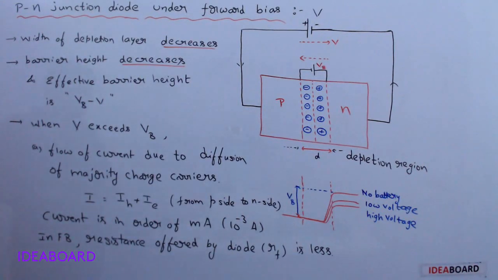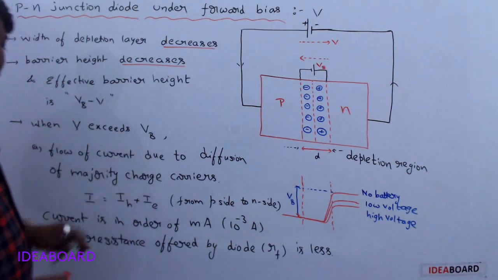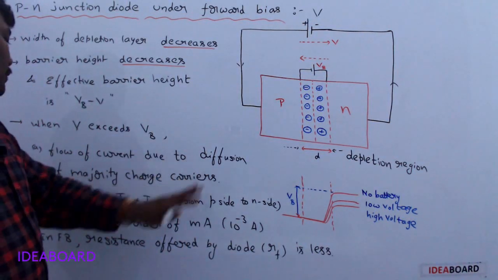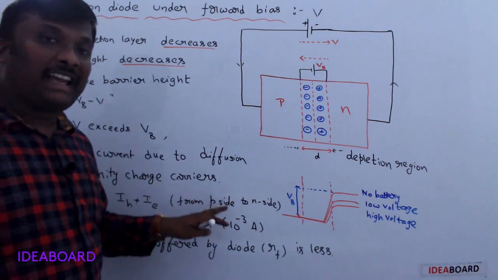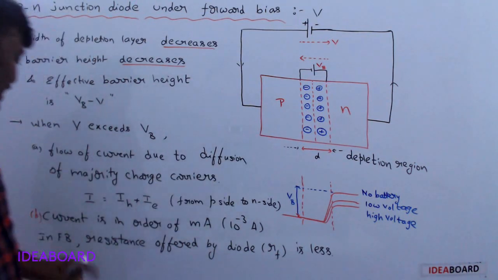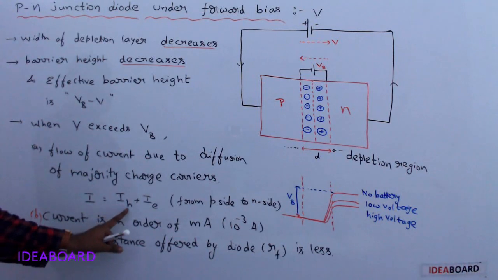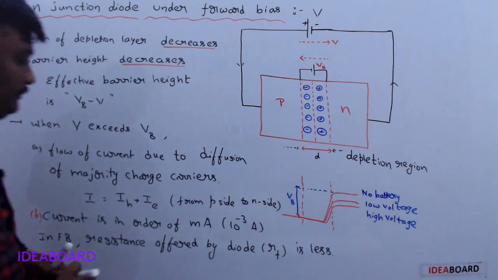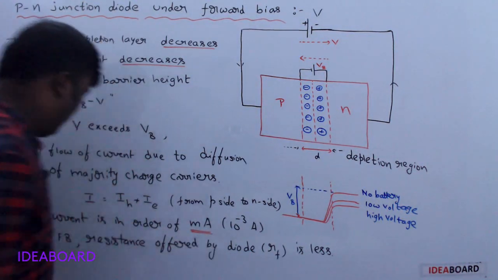So when V exceeds VB, what happens? The first point is the current is mainly due to the majority charge carriers. The current is called diffusion current, and the total current is IH plus IE, measured in milliamperes.